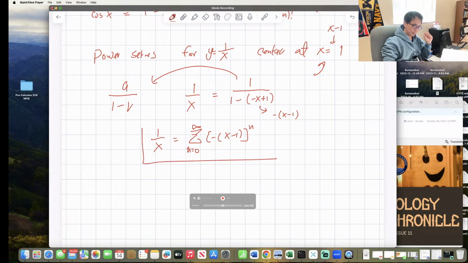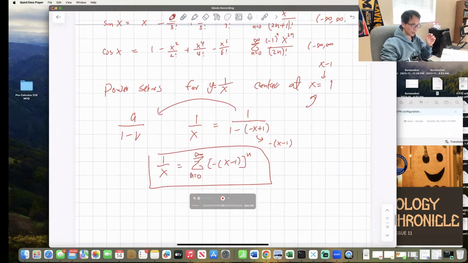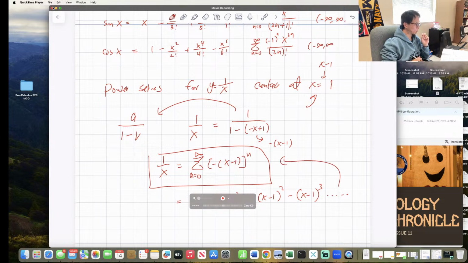This is one of the things you're supposed to have memorized, and you can write it out as much as you want: 1 minus x minus 1 plus x minus 1 squared minus x minus 1 to the third, and so on. Basically this is the general term.